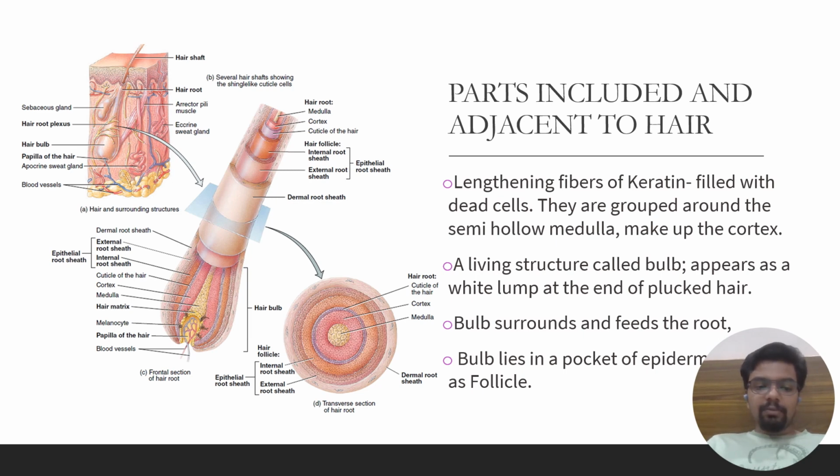Then comes the center of the hair, which is called the hair matrix, followed by the outer cover of the hair matrix, which is called the medulla, and after that the outer cover of the medulla is called the cortex. Now we will go for the next slide.